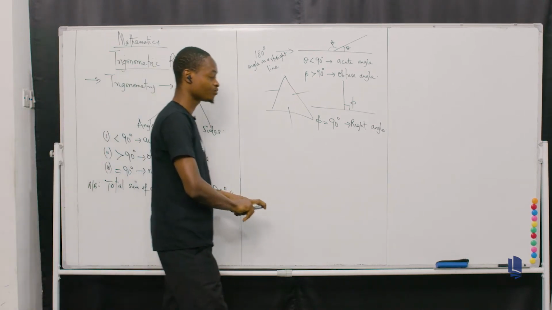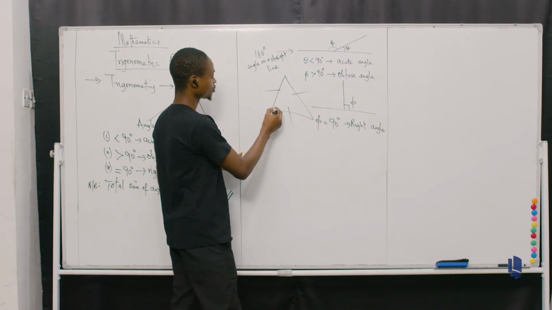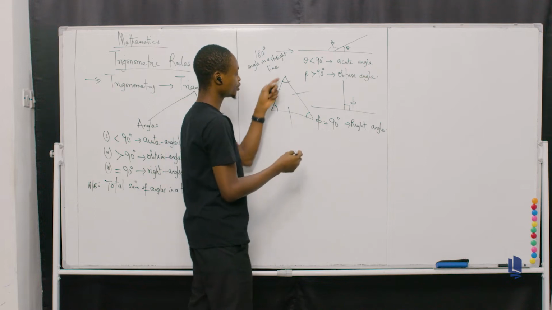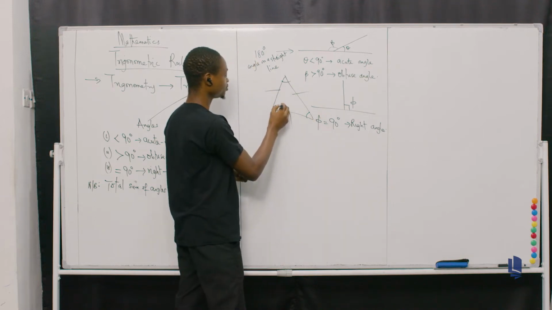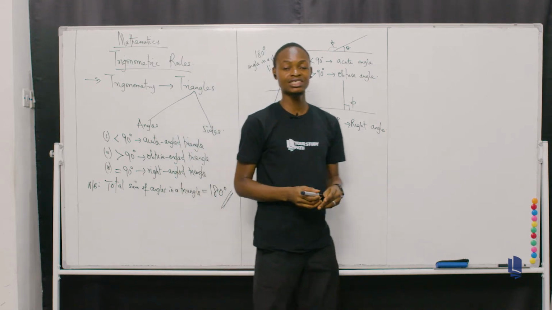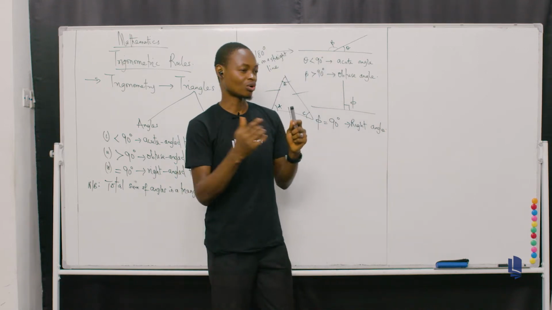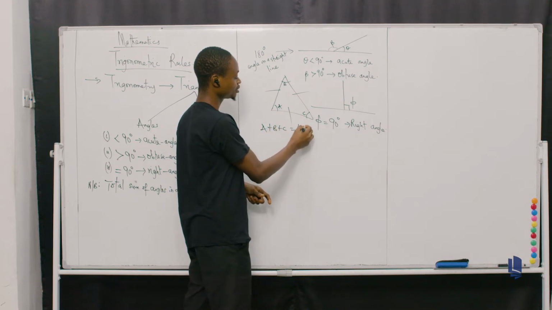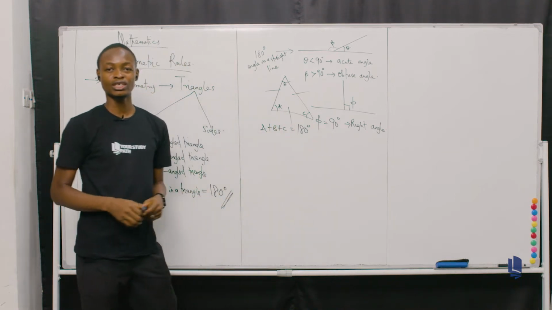So if you add up the three angles of the triangle, let's say we have it to be A, B, and C, the sum of A, B, and C will exactly be 180 degrees, right? So the total sum of angles within the triangle is 180 degrees.